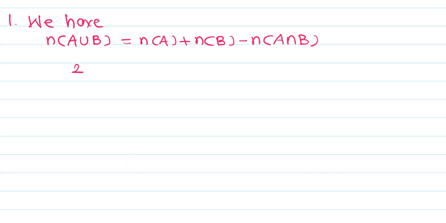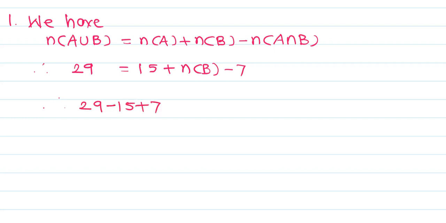Therefore, substitute the values. n of A union B is equal to 29. n of A is 15. n of B minus their intersection, which is 7. Therefore, 29 minus 15 plus 7.